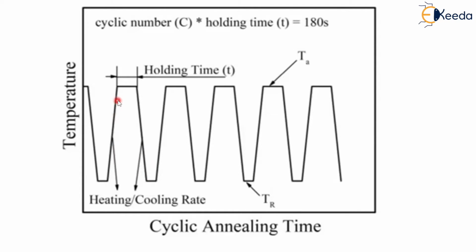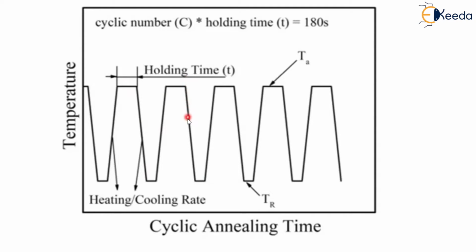In between the heating rate and the cooling rate, you can observe the holding time. It is a particular, uniform holding time that you are going to see for all the cycles. Cyclic means repeated temperatures, whatever the time. That means you have to heat until it reaches above the upper critical temperature line.